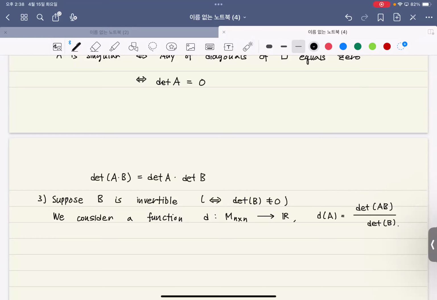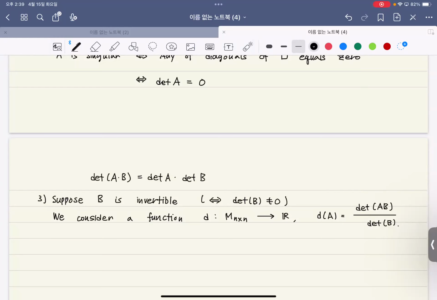I'm going to define my function D just like this. Just choose any matrix, I will say A, and in order to compute D of A, first we compute the determinant of A times B. We compute that number and divide everything by determinant of B, which is quite doable because the determinant of B is assumed to be non-zero.